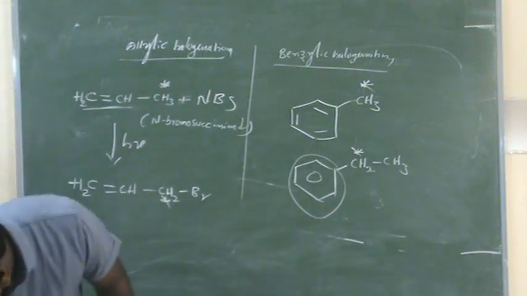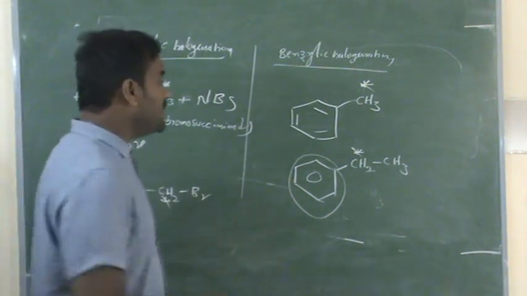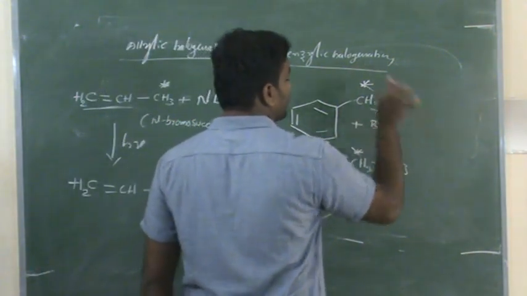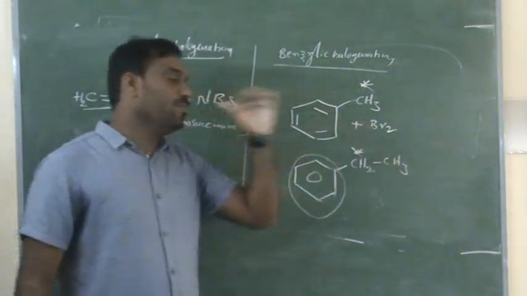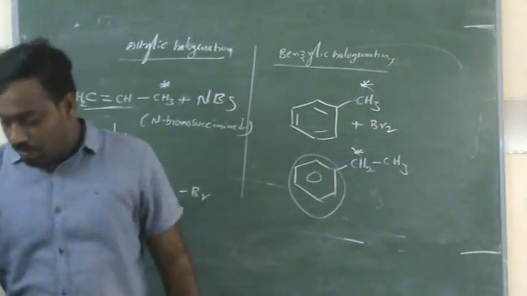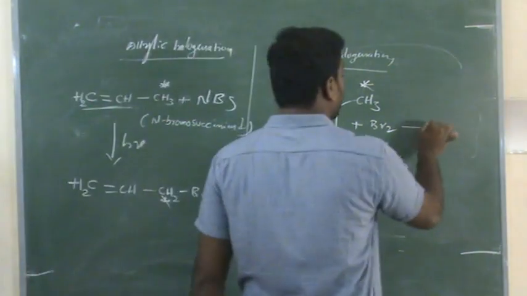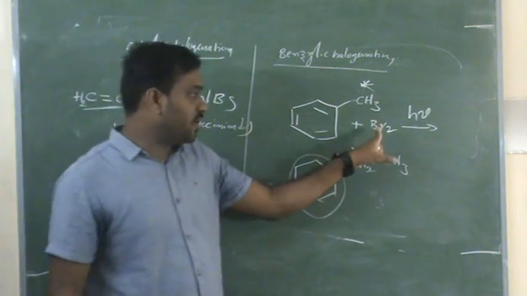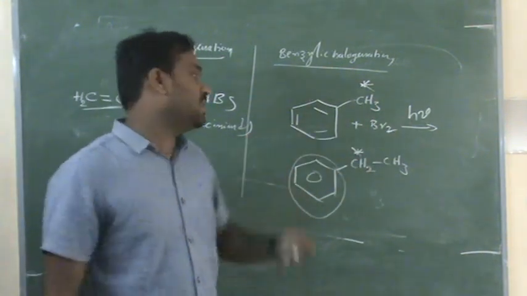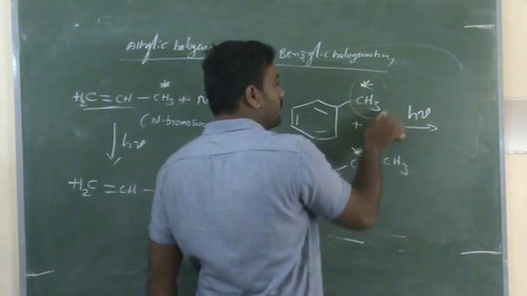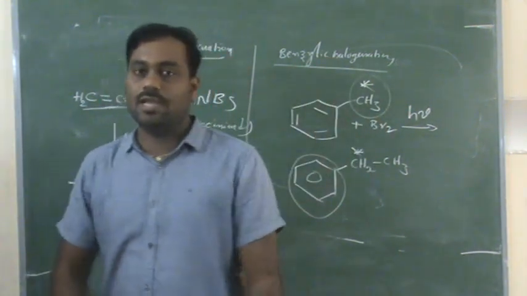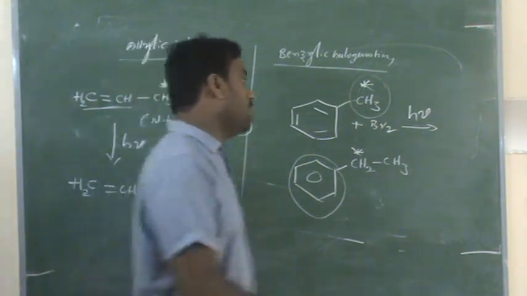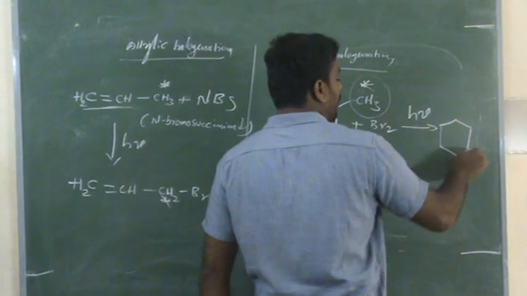Then which is the benzylic halogenating agent? This is the benzylic position. In which cases does benzylic halogenation take place? You can take either Br2 or Cl2, but you have to use sunlight. If you take Br2 with sunlight, then at this benzylic position, hydrogen is removed and Br is added.